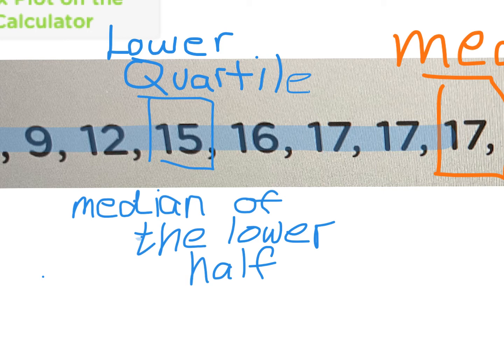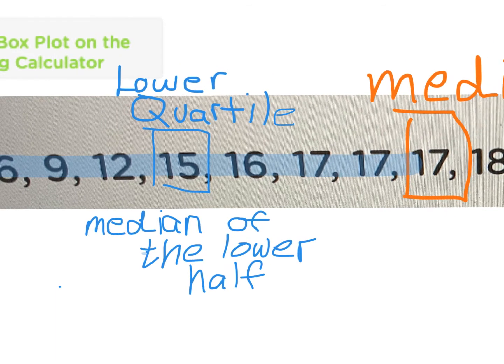And one thing that really drives me crazy about math people sometimes is that we have a tendency to give like 8 different names to the same stuff. And this is one of those cases. It's called a lower quartile. It's also called, and you definitely need to know this, a Q1 is the other word for it.